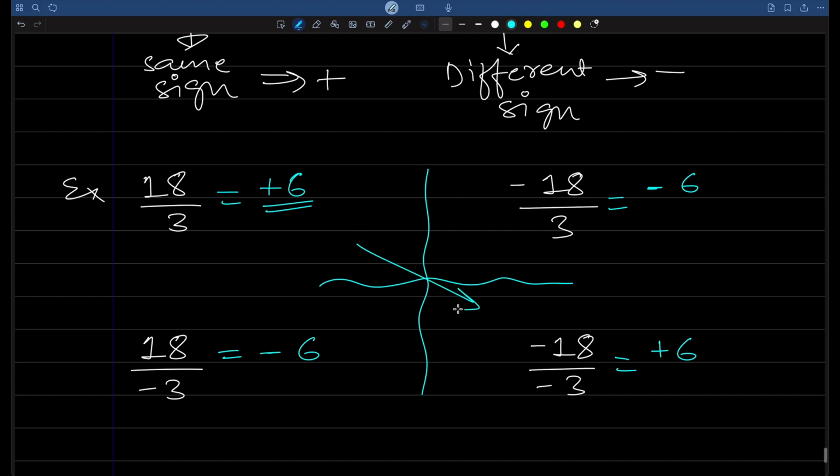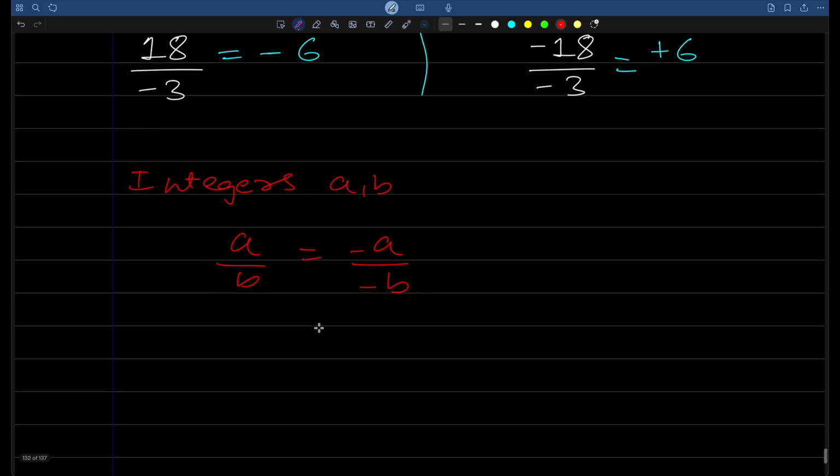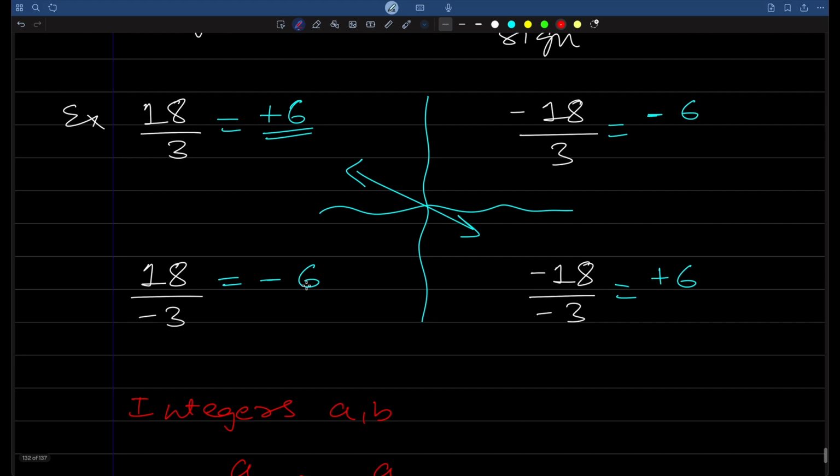that is plus into plus and minus into minus have same value, so we can write for any integers a comma b, we can write a divided by b equals to minus a divided by minus b. And if we observe here that plus into minus is minus, so if we put negative sign in numerator or denominator, we have the same answer.